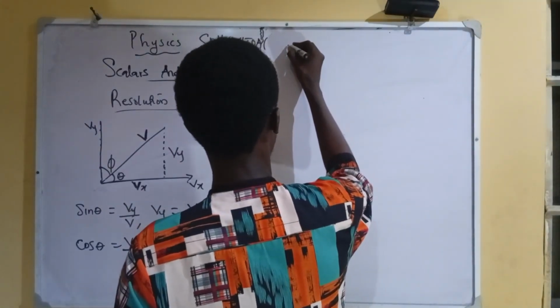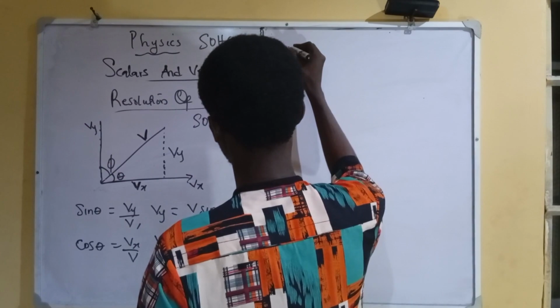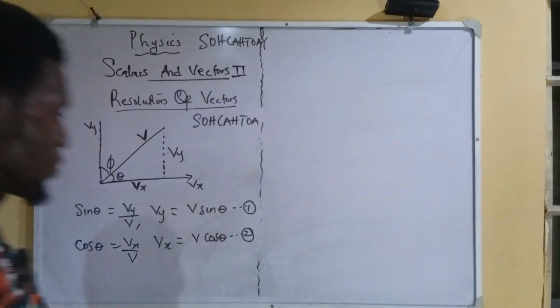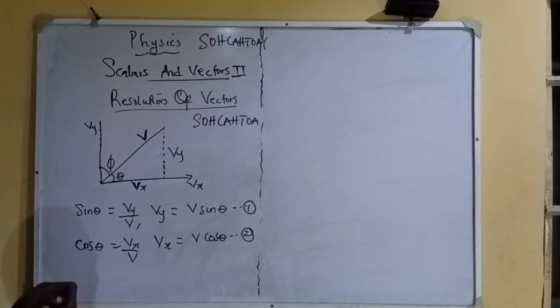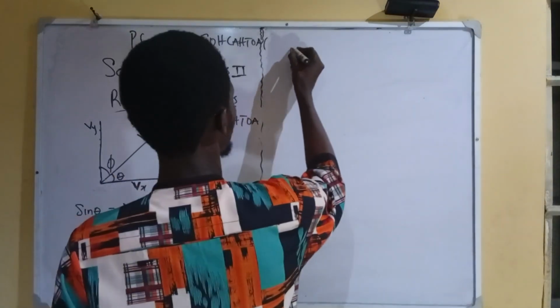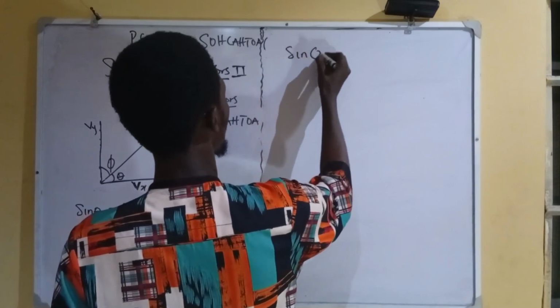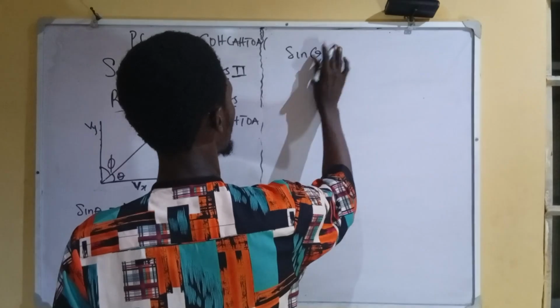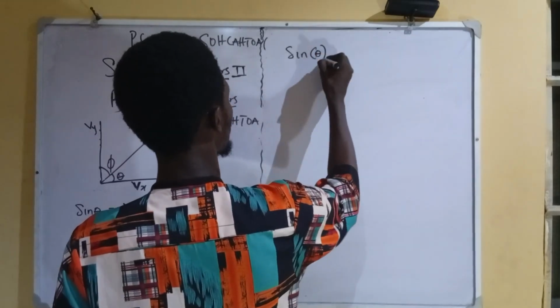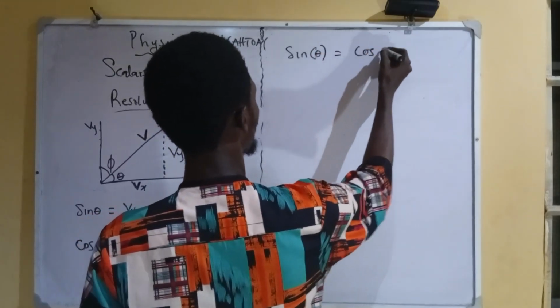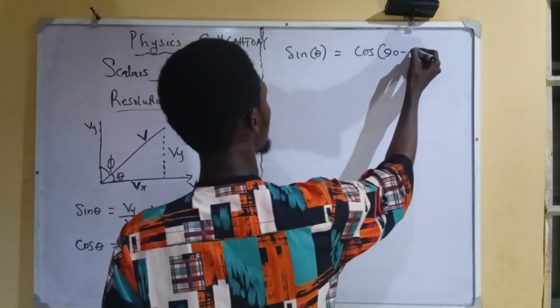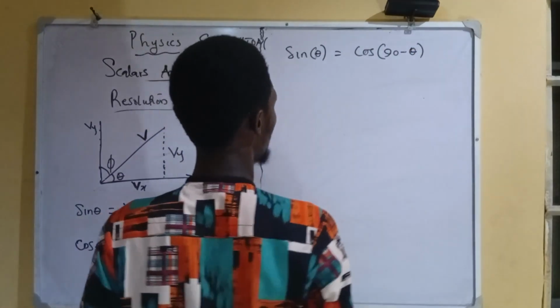So let's get some lesson here from what we discovered when we were doing elementary math. That should be SS1. You discover that sine of anything equals cos 90 minus that thing.